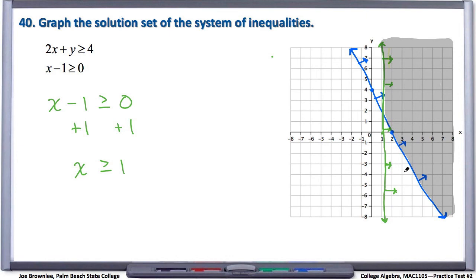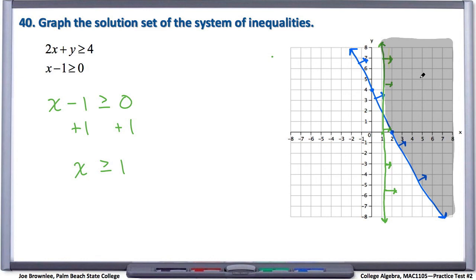So this only has a single shading, green shading. Here in this upper triangle, we would only have blue shading, right? Only in this gray area does the shading overlap. It's double shaded, and so that's what we're looking for.